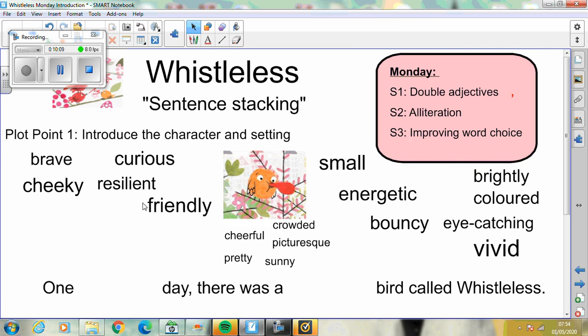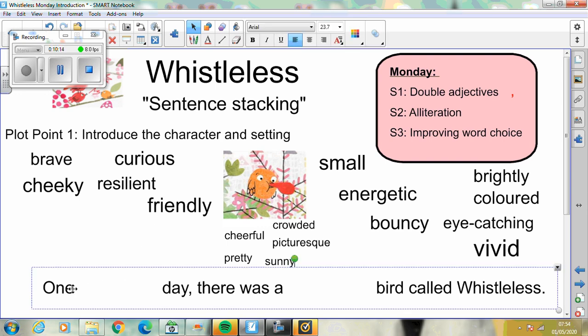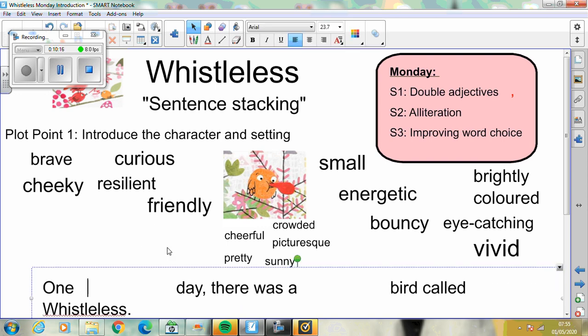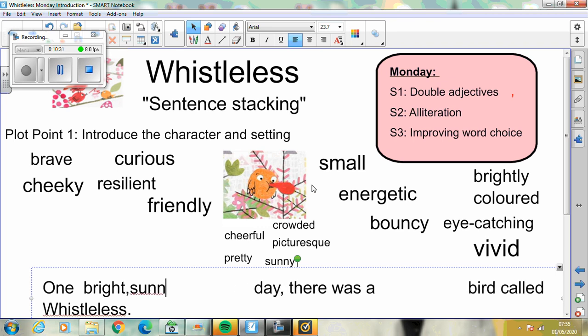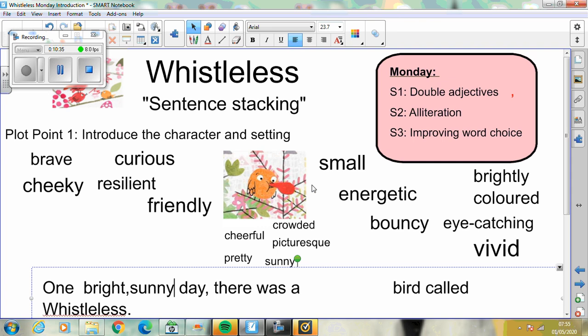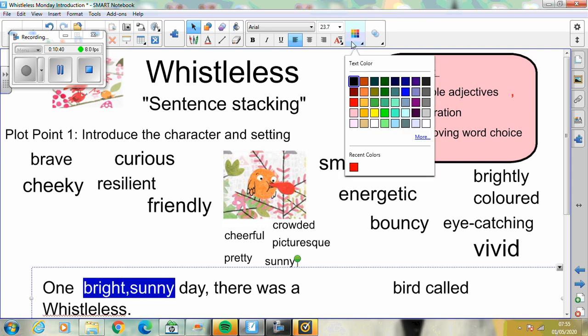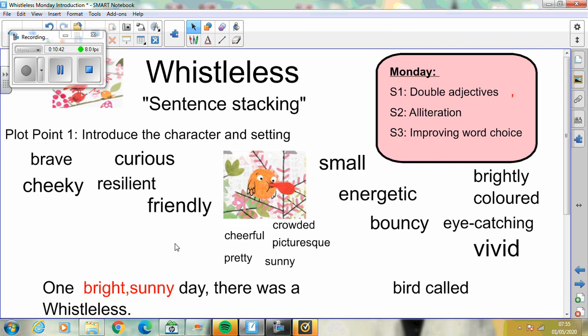Okay. So I'm going to insert some adjectives into this sentence, and I'm using double adjectives because that is my sentence form objective. So I'm going to say one bright, comma, sunny day. There we go. Put it in red so you can see how I've put them into the sentence.